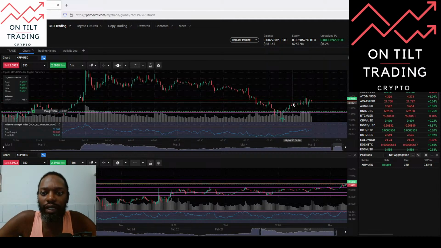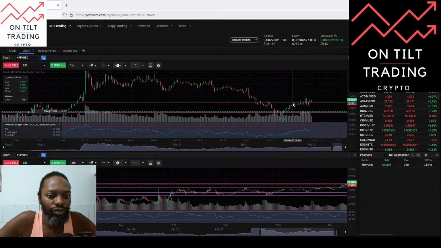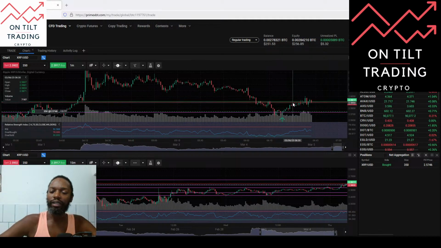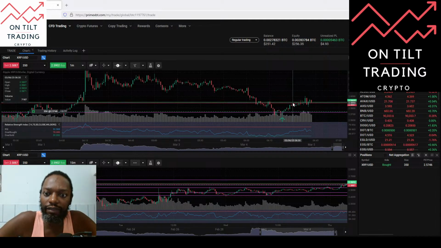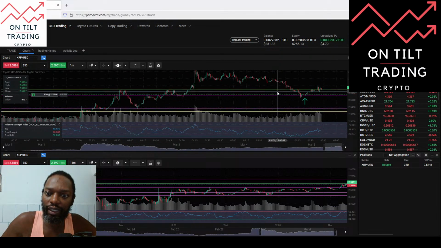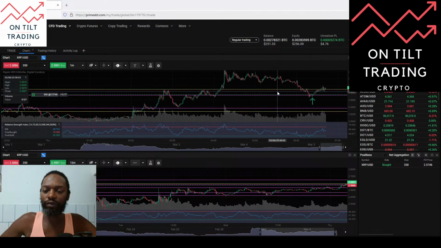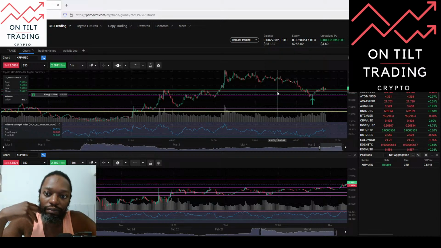Experimenting with whether or not I want to trade, or what hours I want to trade. It seems that the most volatility and volume comes in during the U.S. market hours. We're a few hours away from the U.S. market opening up.